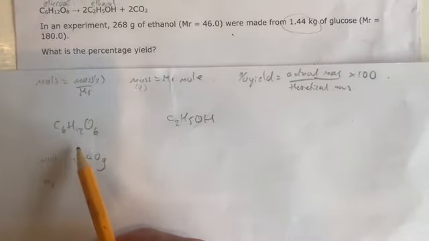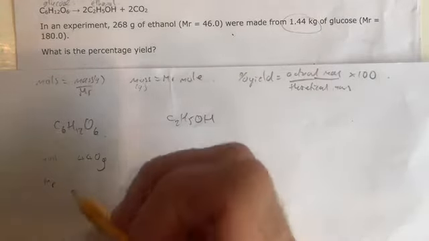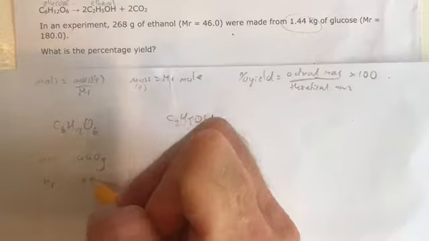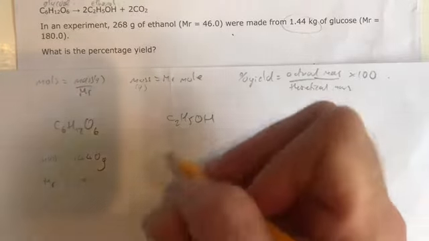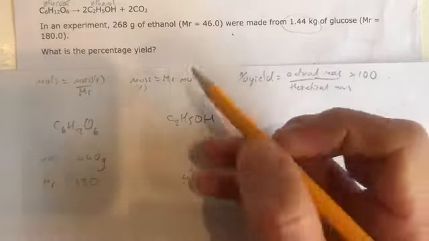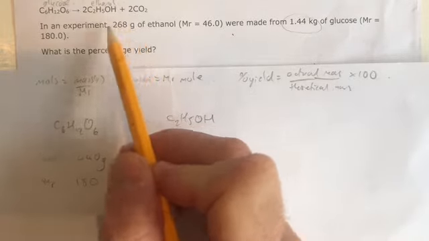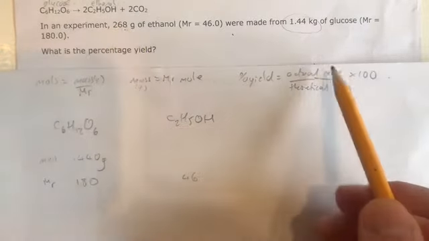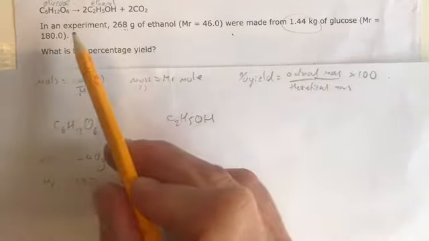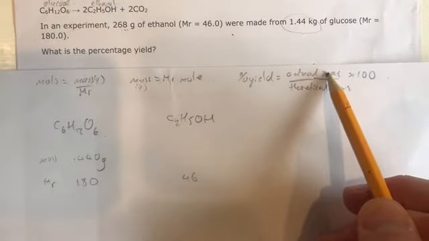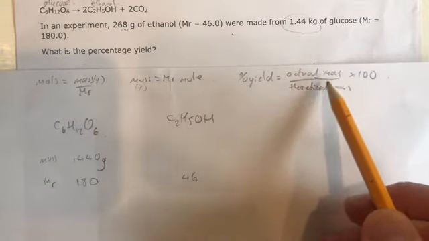Glucose is 180, and ethanol is 46. It's tempting to get stuck into that other number, but you are not going to need it until the end, because that's what they actually made in the experiment. So we're going to work out the theoretical mass first.